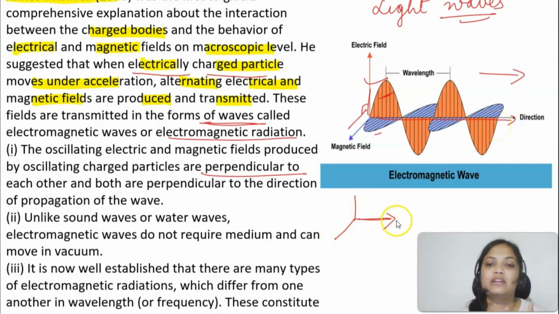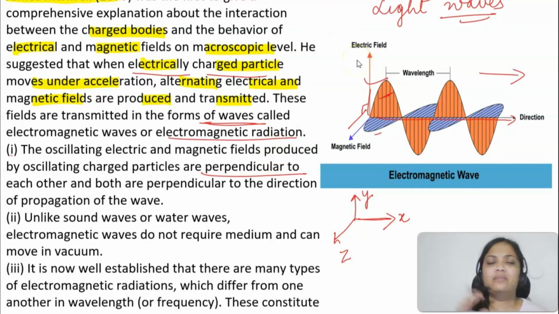So here is the direction of propagation, here is the electric field, and here is the magnetic field. They are perpendicular to each other as well as to the direction of propagation. So that is about the electromagnetic wave.